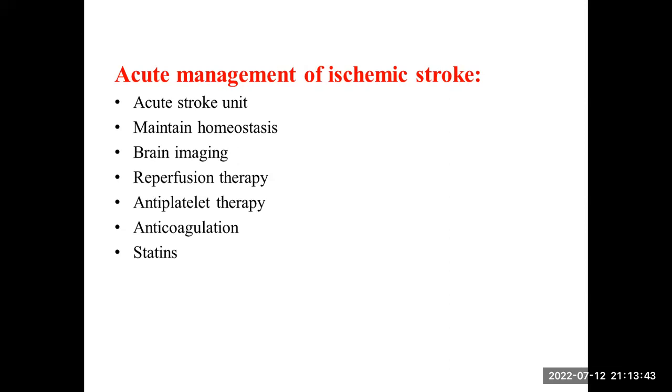The third criteria, you should look for the possible contraindications for reperfusion therapy. If there is any contraindication, then it will not be done. So you must make sure that there are no contraindications to thrombolytic therapy. The main absolute contraindications include, number one, any history of intracranial bleed.